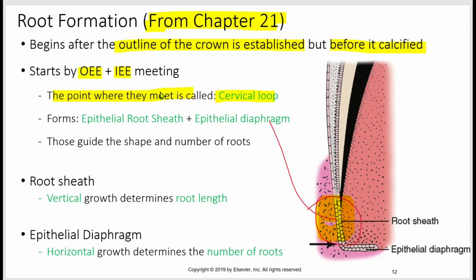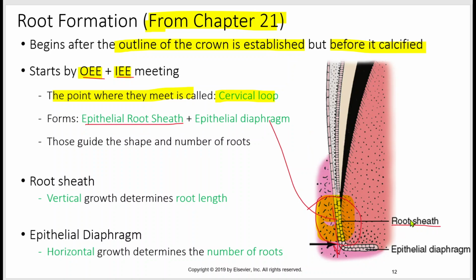When they meet together, they will start going vertically down. And what they will make, we'll call a root sheath. So the outer enamel epithelium and inner enamel epithelium meet in the cervical loop, start going vertically, and that will form the epithelial root sheath.